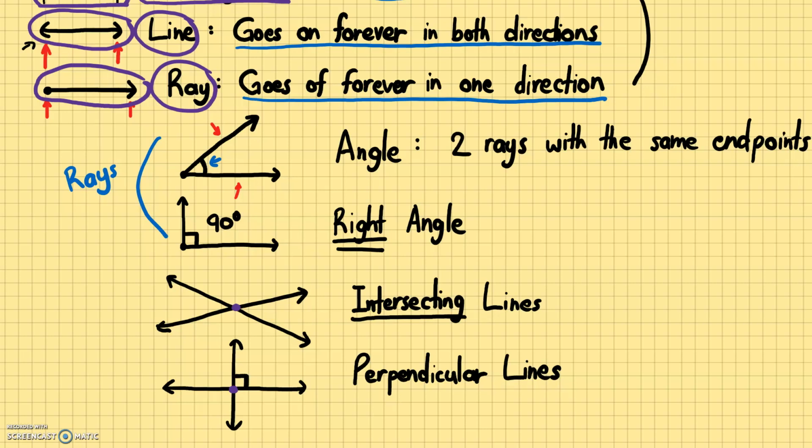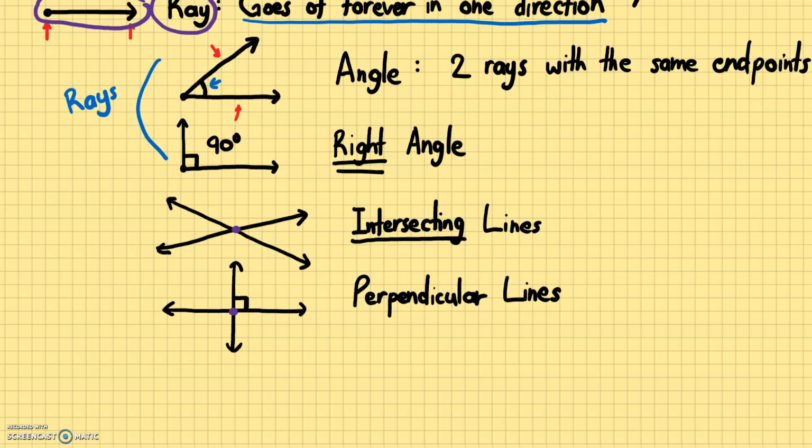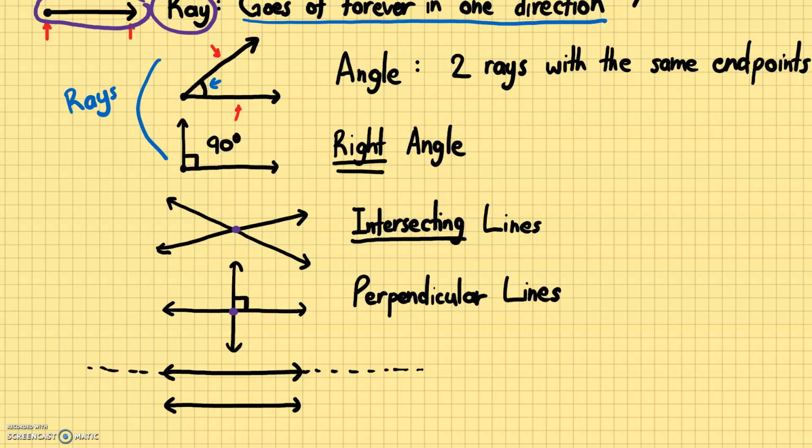And lastly, if we have two lines, but they never intersect, so we have a line that goes like this, another line that goes like this, in the same direction. So even if you extend these lines so that they go on forever, they're never going to intersect.